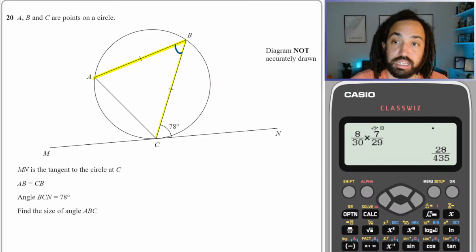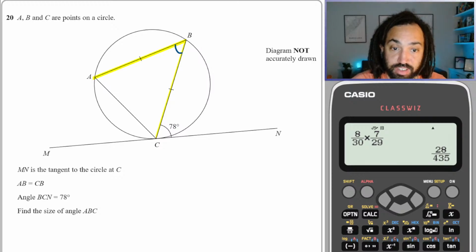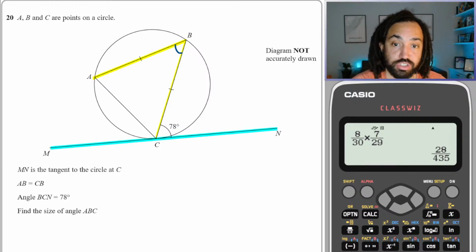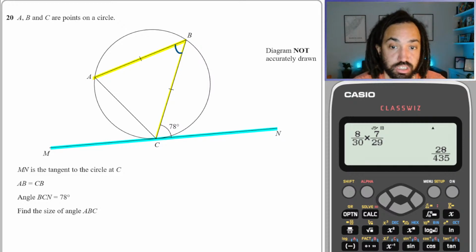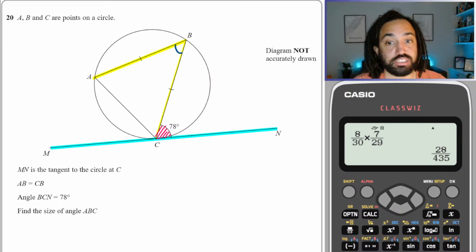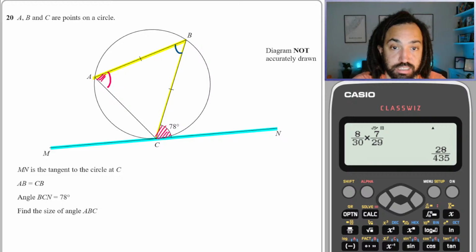And by alternate segment theorem, if we have a tangent which hits a triangle which is inside the circle, then the angle here between the tangent and the triangle is the same as the angle up here. So this is alternate segment theorem.